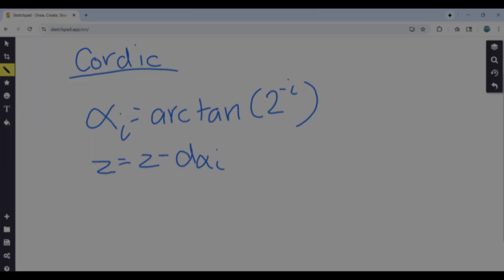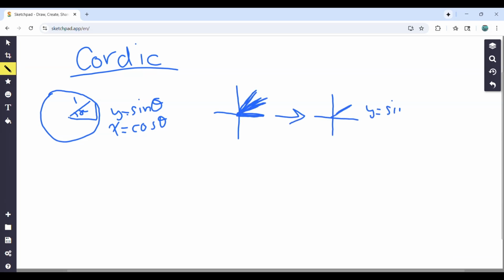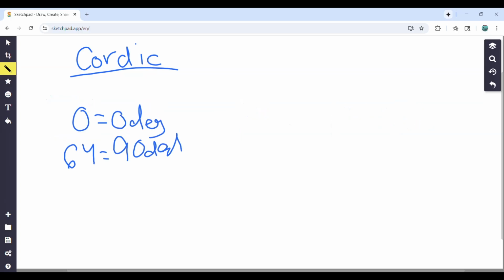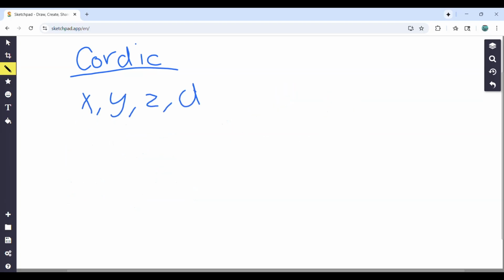So to summarize, convert the input angle to a fixed point binary so the algorithm can work in 8-bit logic. Start at 1, 0. Use the pre-computed arctan 2 to the negative i values as your small rotation angles. On each step, decide d from the sign of z. Update x and y using add, subtract, and bit shifts.